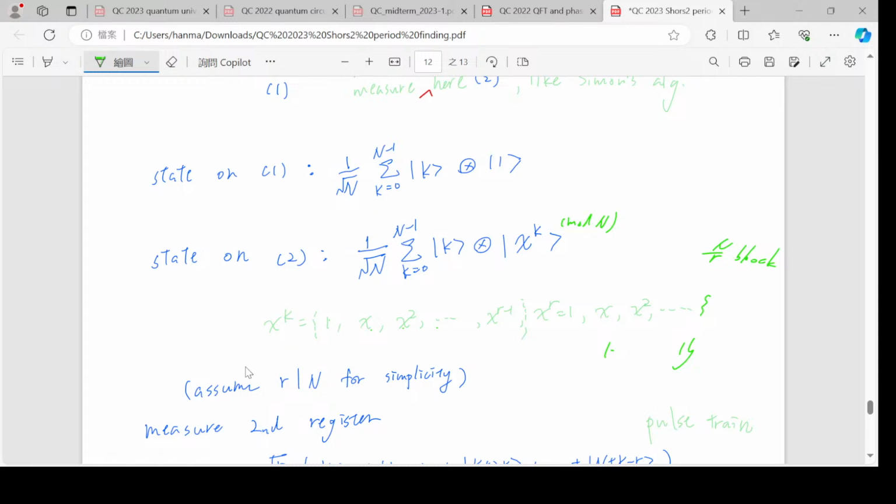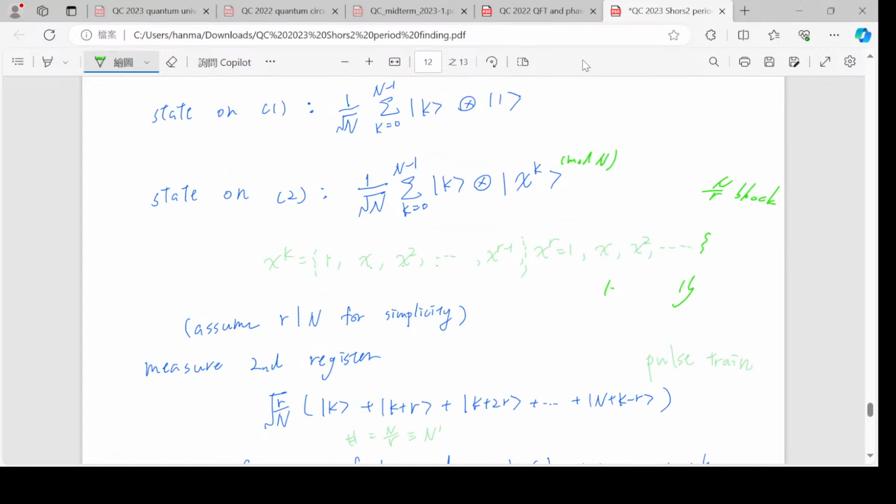This just makes the notation a lot nicer, and we assume this just to show you how things work out. So we have n divided by r blocks here.